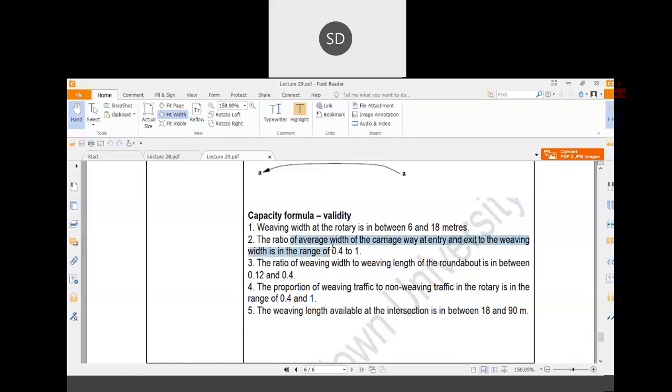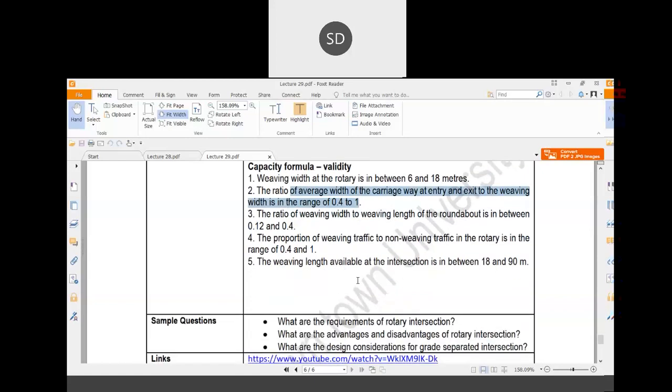The ratio of the average width of the carriageway at the entry and exit to the weaving width should be in a range of 0.4 to 1. Whatever values are given here, all are limiting values. So after estimating all those values using the formulas, you have to find out whether all your values are within the range provided by the IRC.